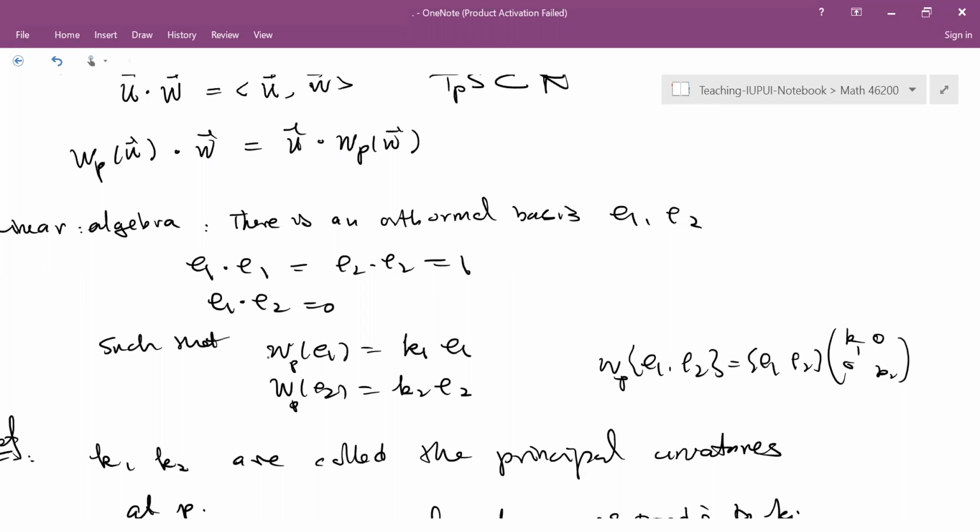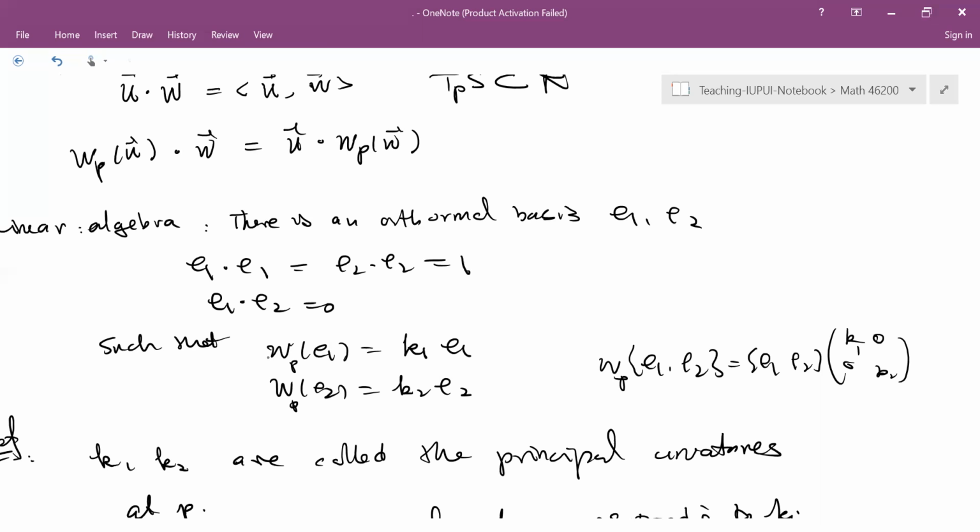After you find the first one, you try to find another one, which is a little bit tricky, but you still get two perpendicular eigenvectors. Using those two eigenvectors, you can get E1, E2. Normalize them, and they are perpendicular to each other automatically. So that's the idea.